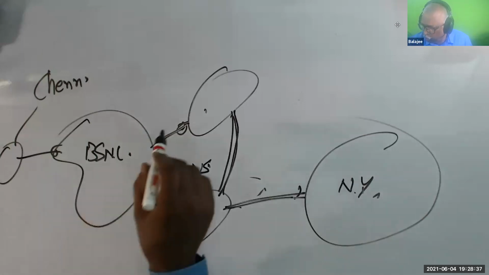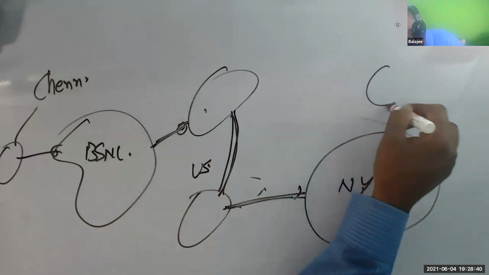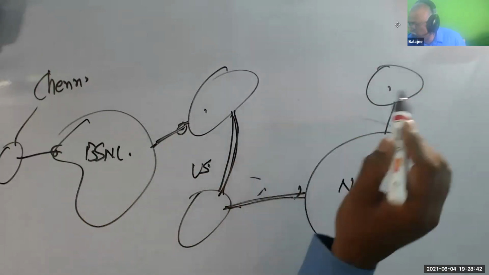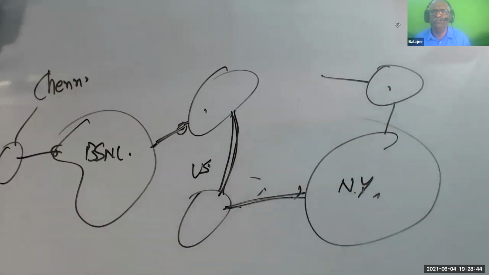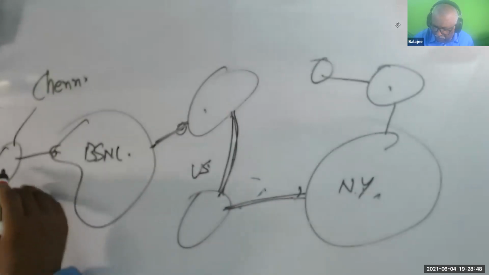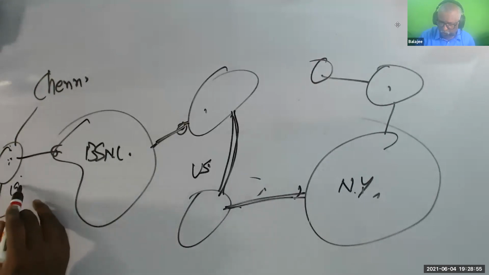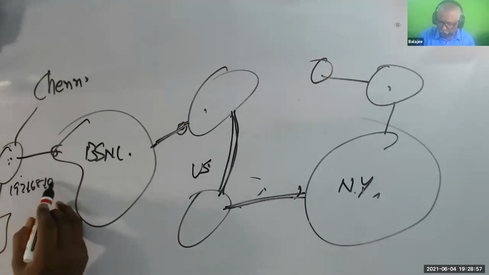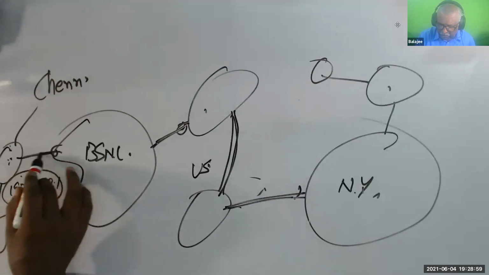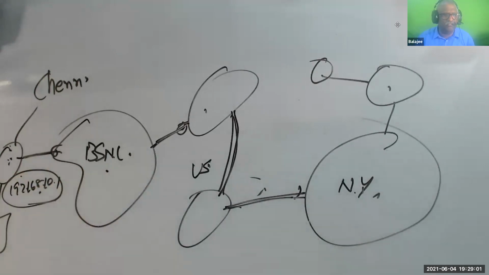Now, in New York, there is a computer. In that computer, there is a process. I am talking from my computer, the Chennai computer. I have a browser in my computer. I have an IP here, 192.168.10.1. Understand? The moment I connect to the network, I need to have an IP.